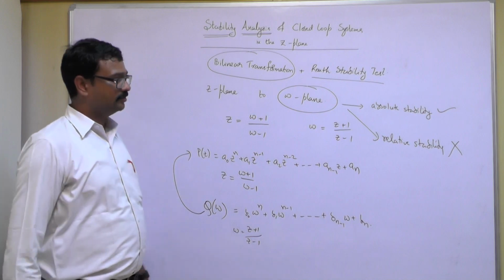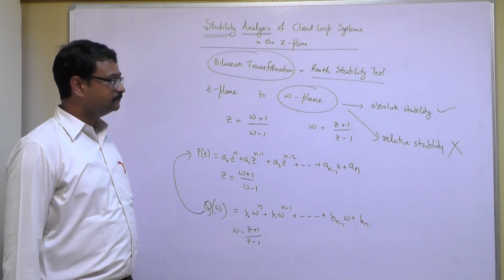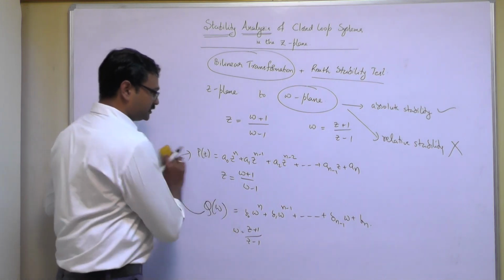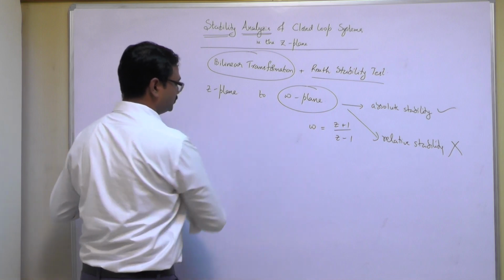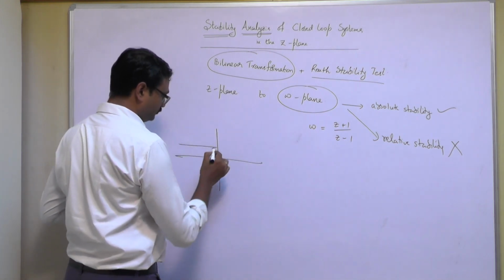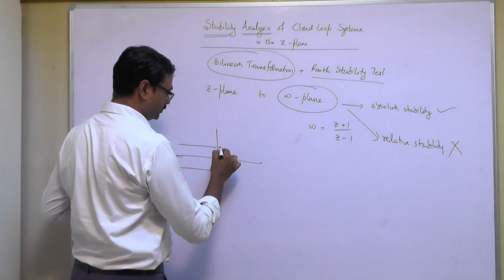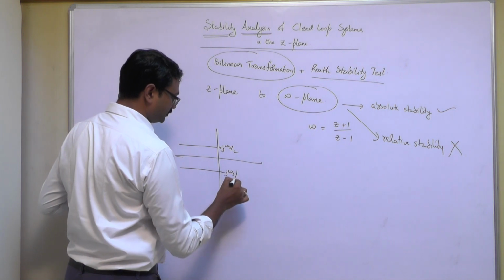Relative stability cannot be obtained using this bilinear transformation, because in our previous session we were converting s plane values, that is (1 + jωT/2) by (1 - jωT/2).